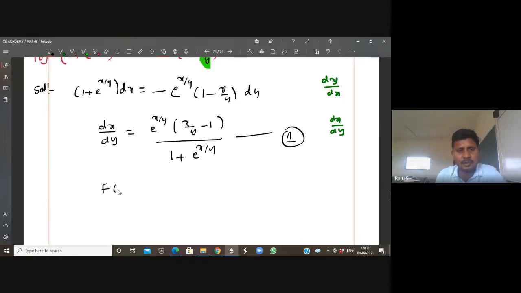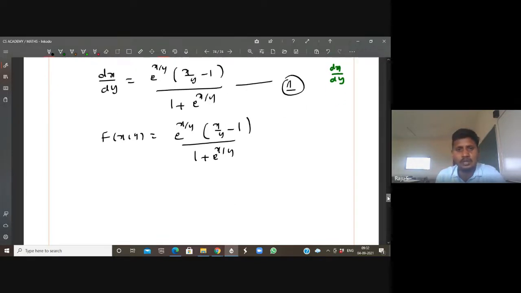Again same, f of x comma y is equal to e to the power of x by y into (x by y minus 1) by (1 plus e to the power of x by y). Is it a homogeneous function or not? You have to find f of lambda x comma lambda y. When you substitute lambda x in place of x and lambda y in place of y, it cancels and again we get the same value.